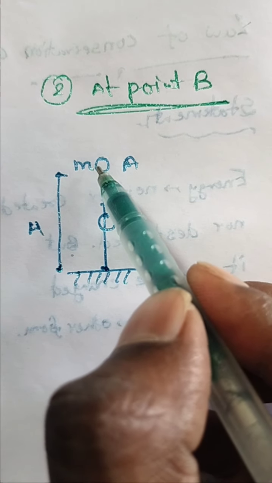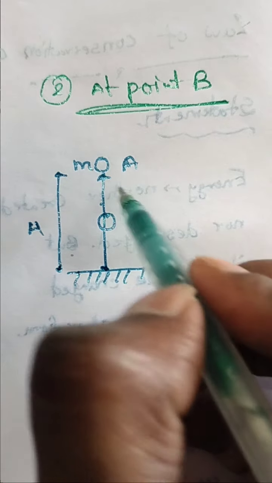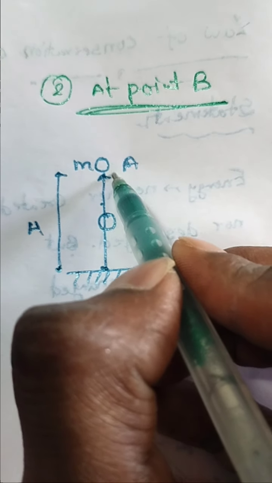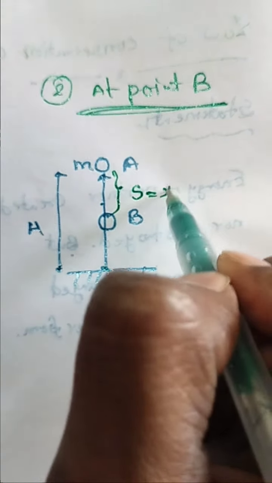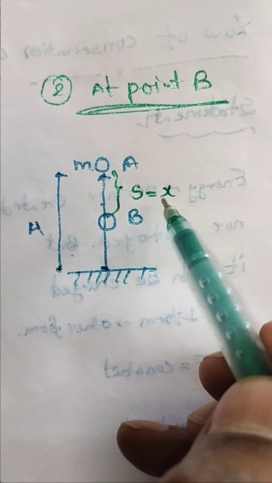When the particle comes from A to B, how much distance is moved? Just as an assumption, S is equal to x.